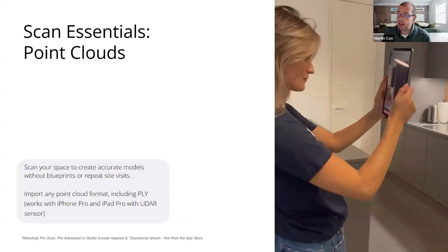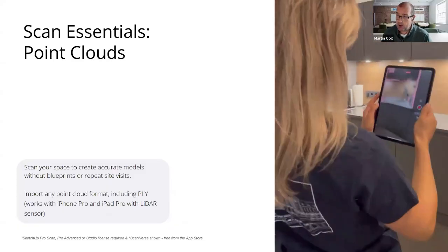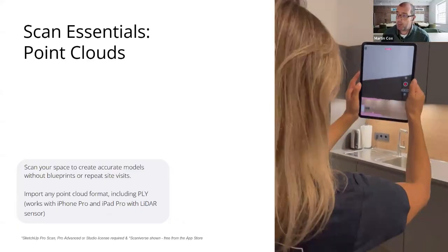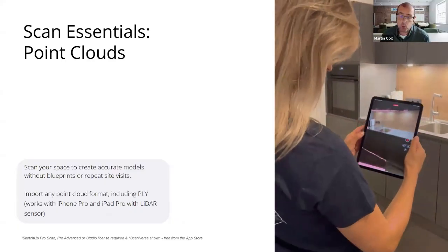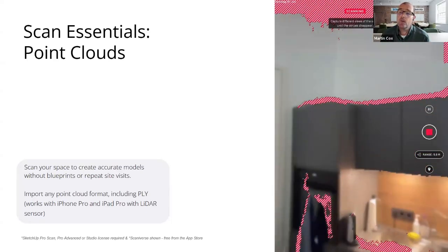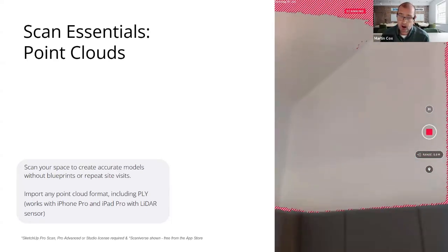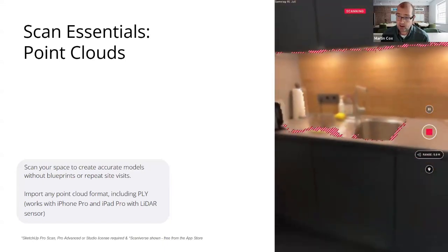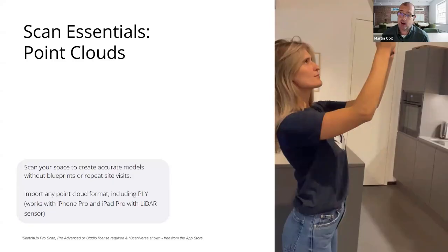Now, using Scan Essentials, working with point clouds. This is in the loft apartment here, and we're using an iPad to scan the space. An iPad and an iPhone have a built-in LiDAR, which means light detection and ranging.